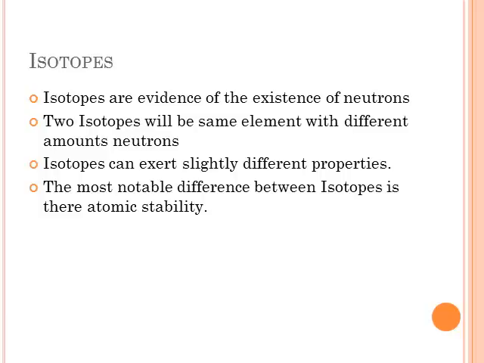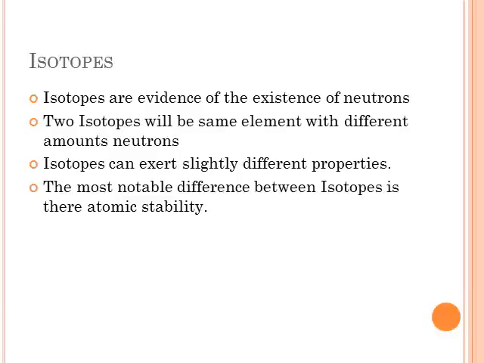So what is an isotope? Isotopes are evidence of the existence of neutrons. If you can have two atoms that are the same element, but one is slightly heavier than the other, there must be something else there. There are not more protons because it's the same element, so there must be something else, and we called those things neutrons.